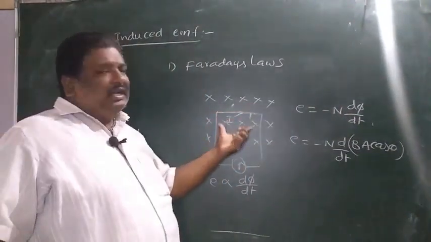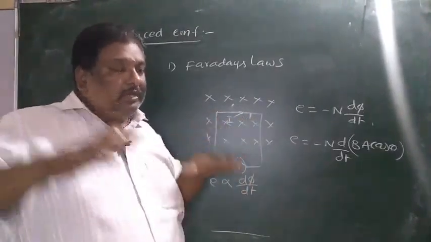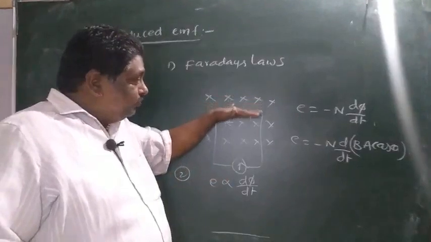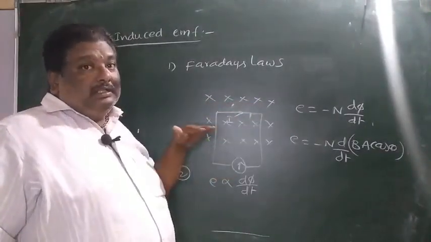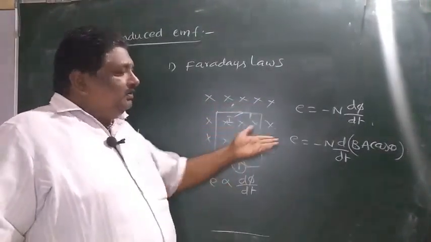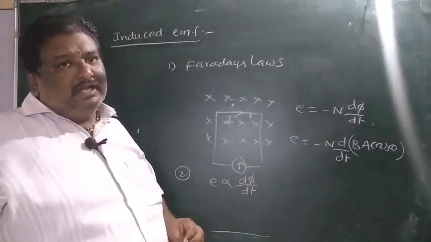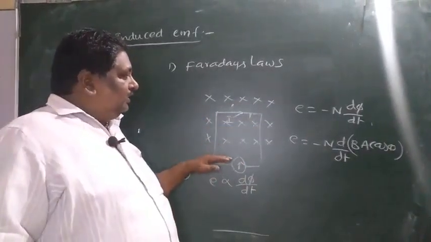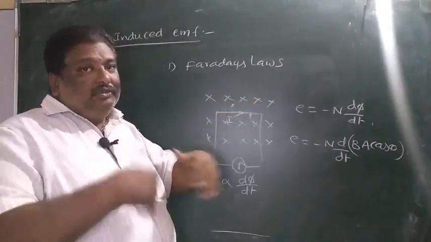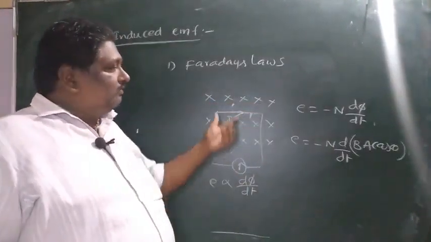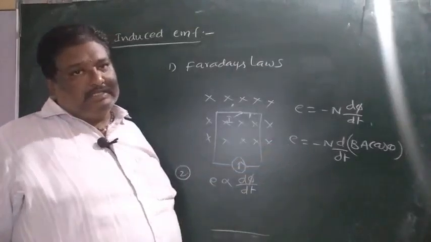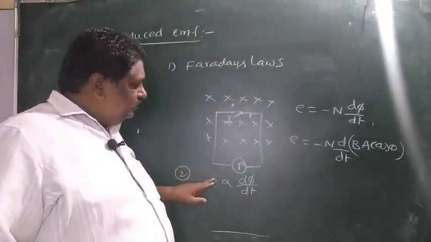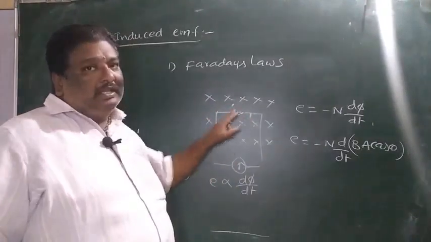If you move the conductor, it is not easily moved; you have to apply force and supply some energy. With that energy you push it, and then that energy is converted into electricity. Here the law of conservation of energy is followed, not violated. In cutting the magnetic flux you do some work, and that work is converted into electrical energy. Therefore the magnetic flux cutting and the induced EMF oppose one another.